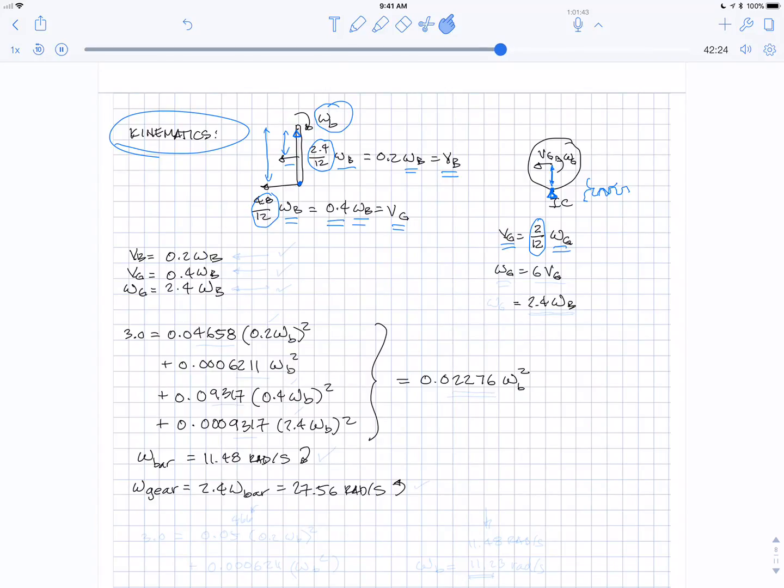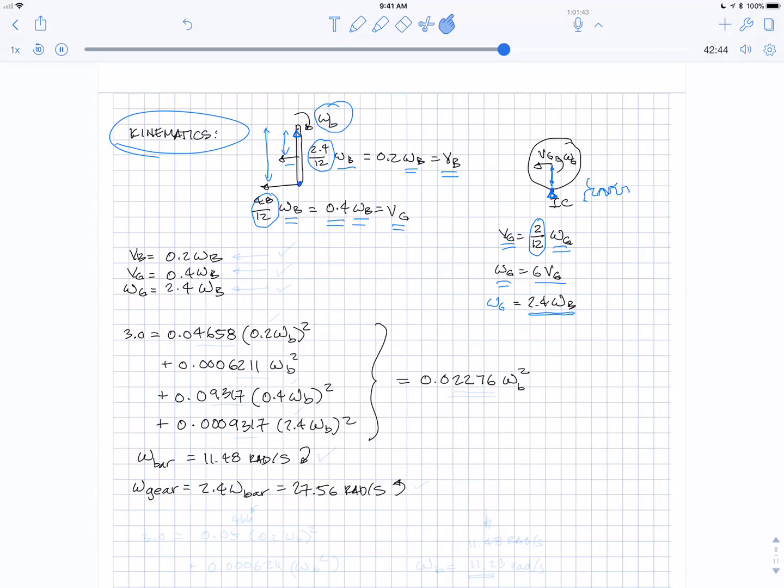So solving for the omega of the gear, that equals 6 v of the gear. But we know v of the gear is 0.4 omega b, so we get omega of the gear is 2.4 omega b. So now we have everything in terms of omega of the bar.